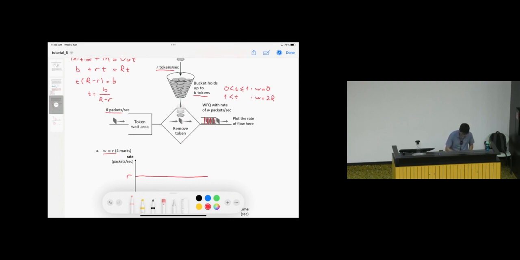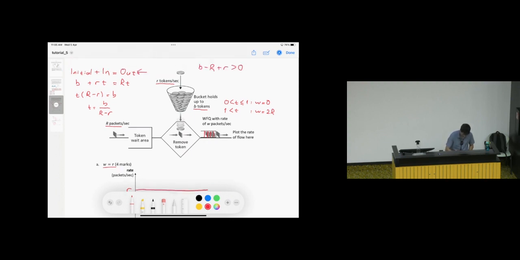So I will establish a very similar identity to this, but now for the WFQ's buffer, because that already has some packets at the end of t equals 1, and I am trying to calculate the time that it is emptied. So again, the initial number of packets plus the input packets should be equal to my output packets. How many packets do I have at first? I have capital R packets.